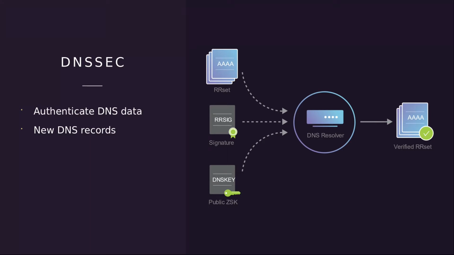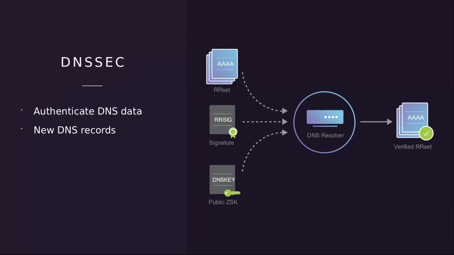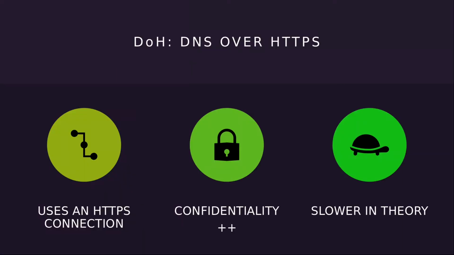Then another thing is DNS over HTTPS, because you know, even with DNSSEC, everything is still clear text. So you need something to encrypt it. So DNS over HTTPS is one example. You can also use DNS over TLS, okay?